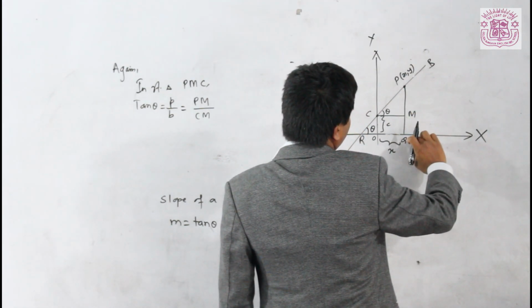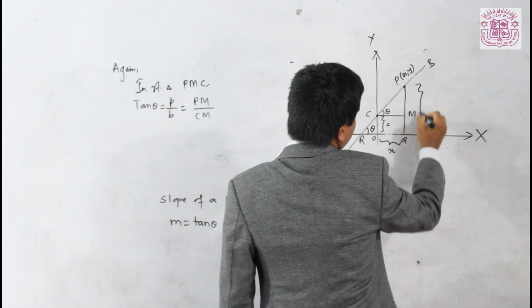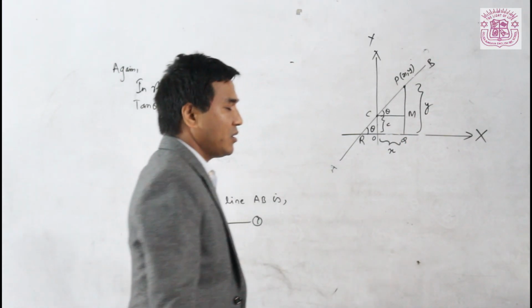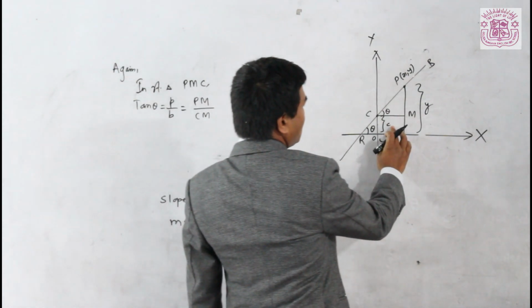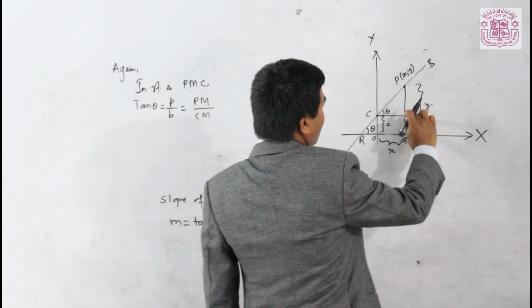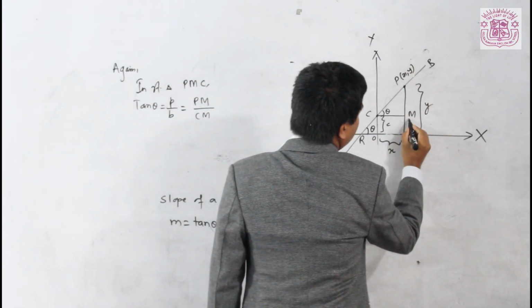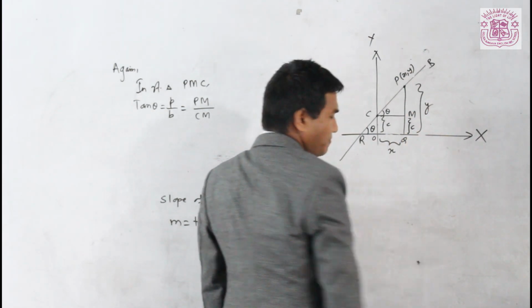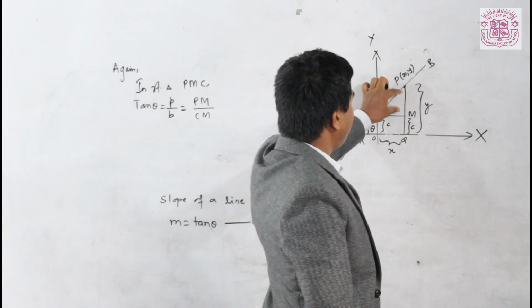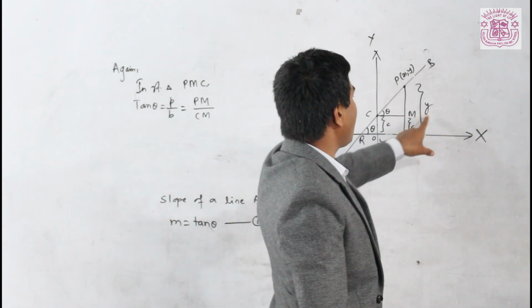And this distance PQ will be y. Since this distance is c, the value of this PM will be y minus c. Since this is also c, the length of PM will be y minus c.